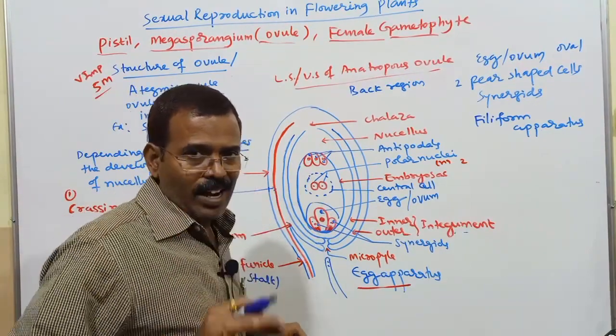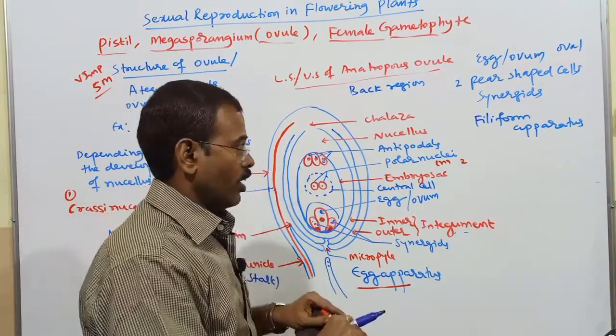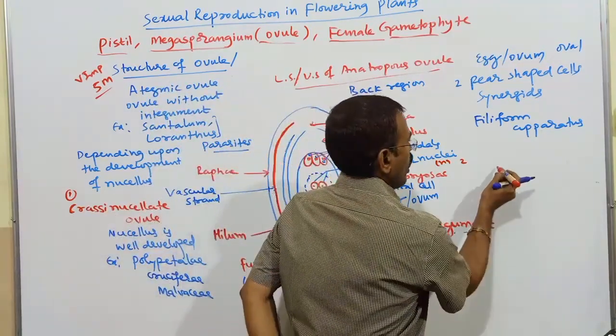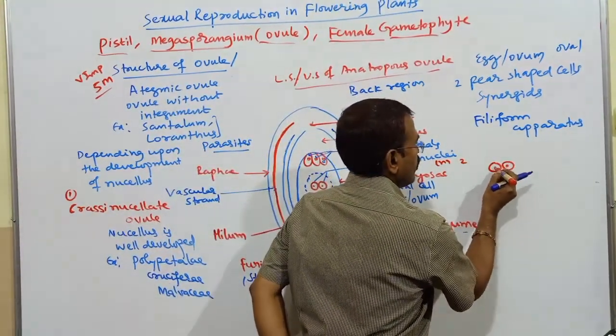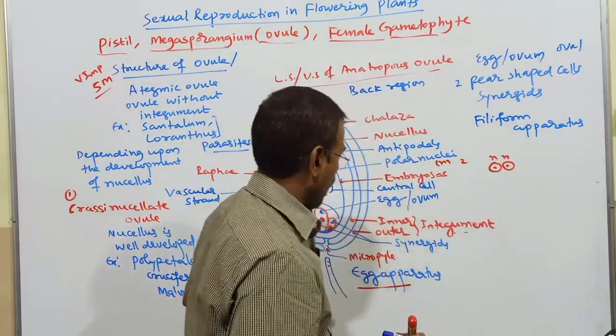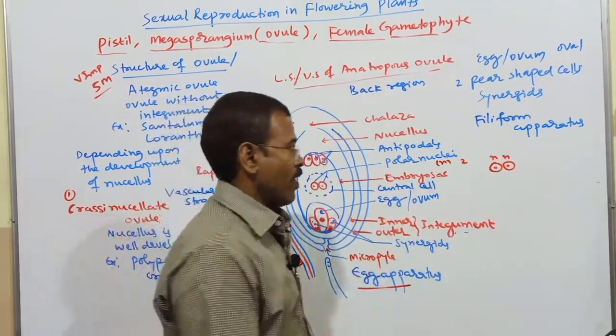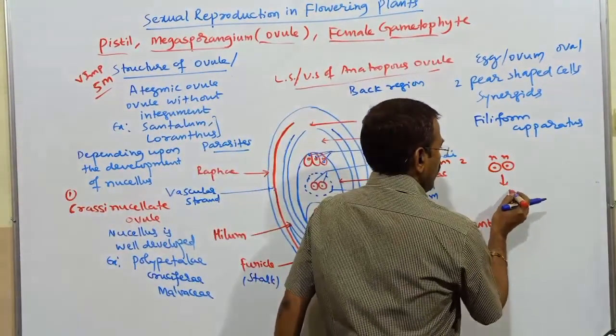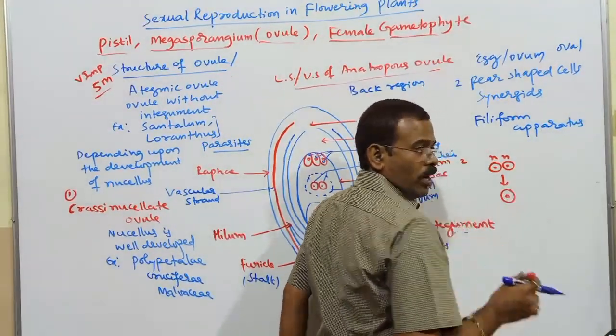Just before fertilization, these two haploid polar nuclei fuse together to form a nucleus.